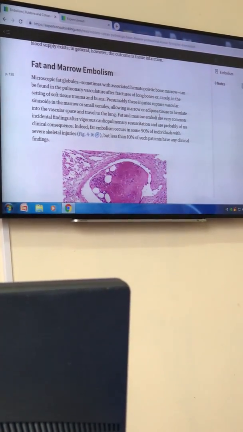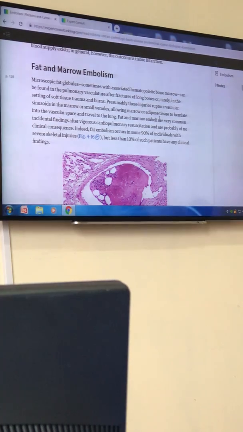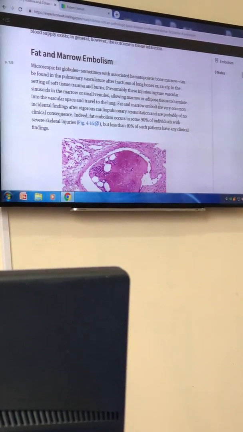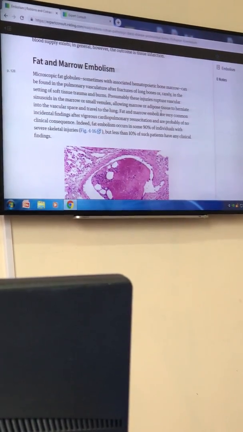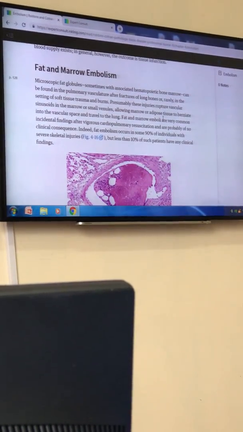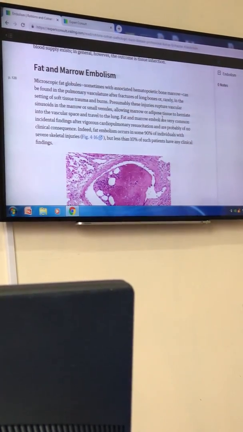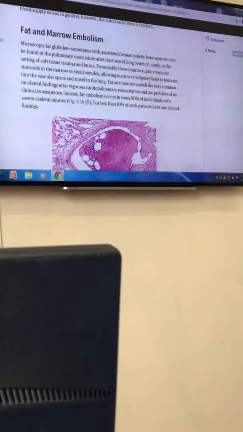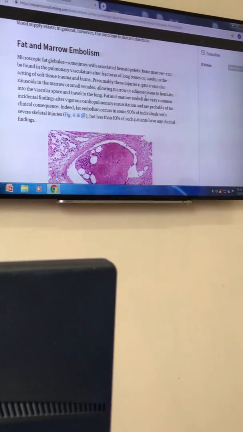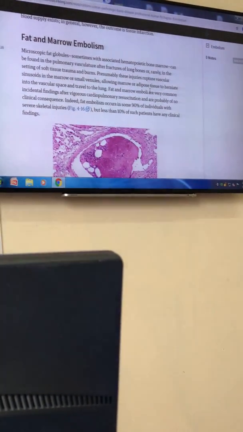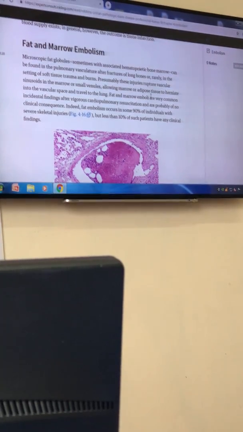What is fat and marrow embolism? We said that the most common cause of embolization is thrombosis. That's why we use the term thromboembolism. But we said that any gaseous, liquid, or even foreign body materials can cause embolization.